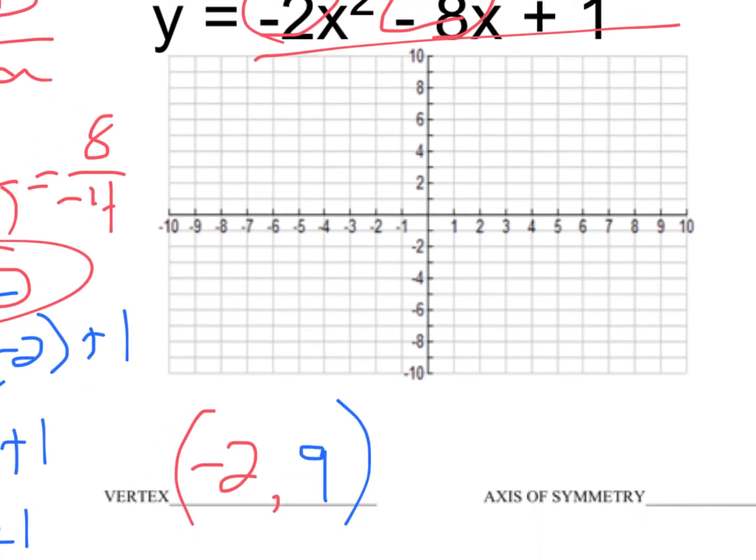Alright, so here we go. Negative 2, 9. Alright, about... Now let me make that better. Okay, close. Alright, now, let's figure out our axis of symmetry. Okay. So that's going to be a vertical line right through here.